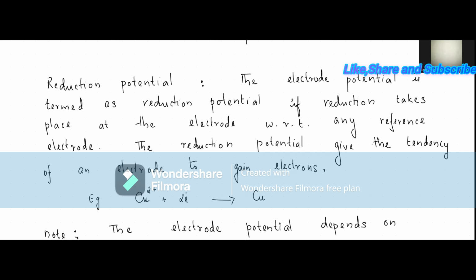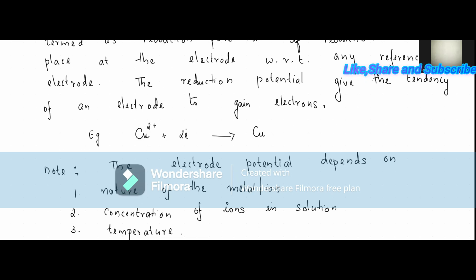Example, in Daniel cell, at the cathode, Cu2+ ions were taking up electrons to form Cu. In other words, the electrode was gaining electrons. So at the copper electrode, the process is reduction, and the potential is called reduction potential.